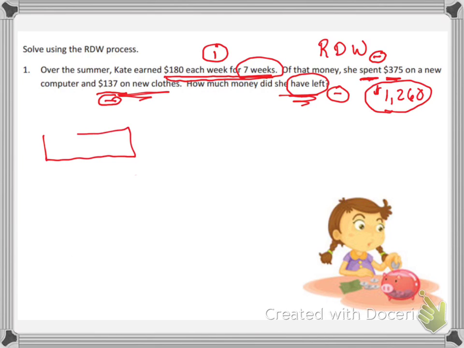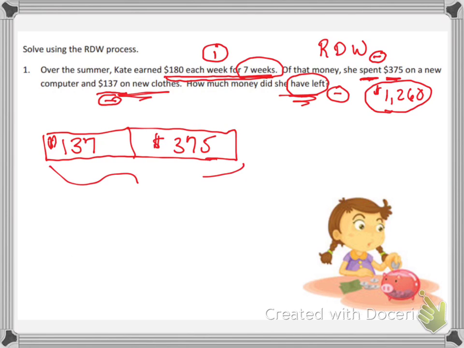So she spent $375 on a computer, and she spent $137 on clothes. So what was the total cost of how much money she spent? Well, we need to add.